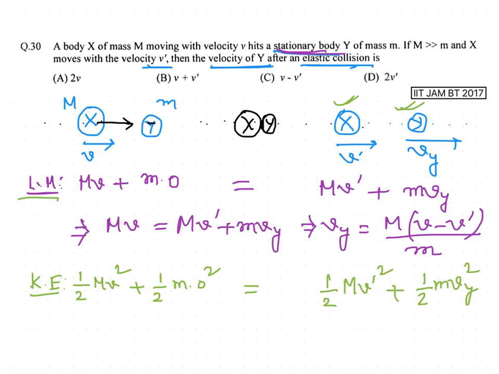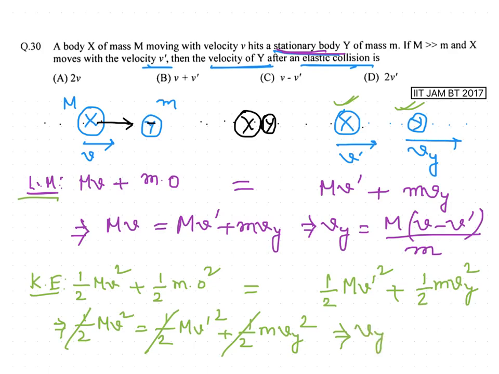Solving this we get half capital M v square equal half capital M v prime square plus half small m Vy square. Let's cancel the halves from both sides and we get Vy square equal v square minus v prime square times capital M by small m.